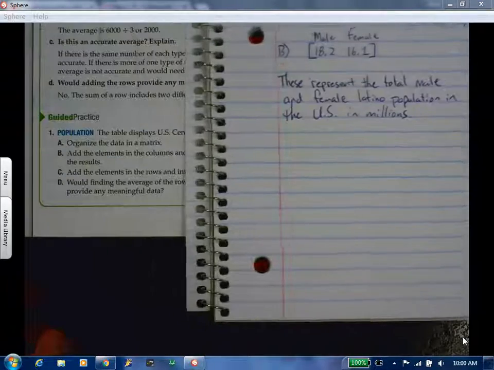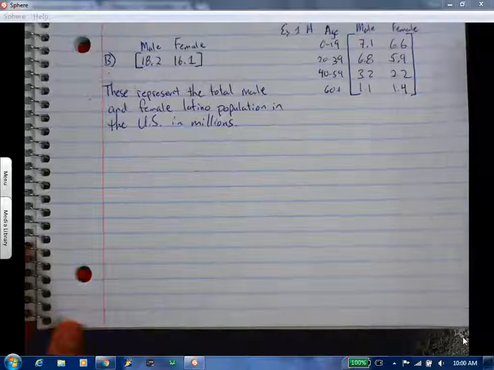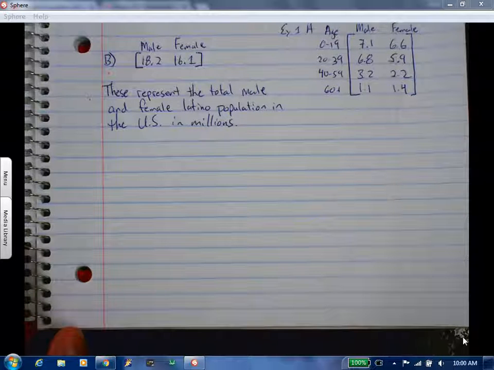Okay. Go on and look at part C. I don't have this down. Part C is saying add the elements in the rows and interpret the results. So add the elements in the rows. So go across. You're going to make a new matrix.